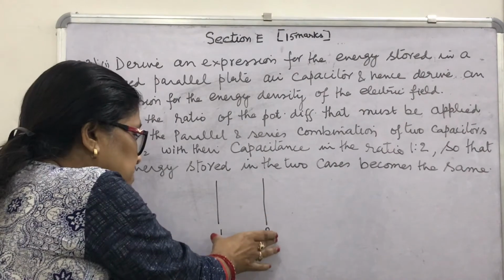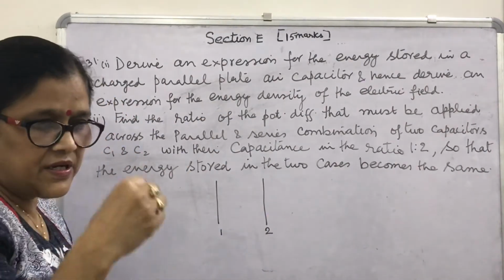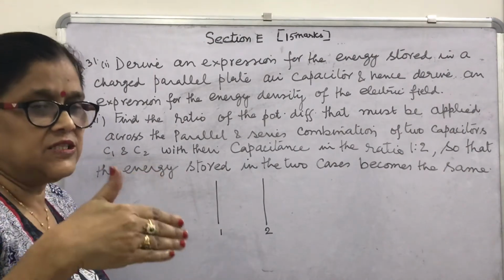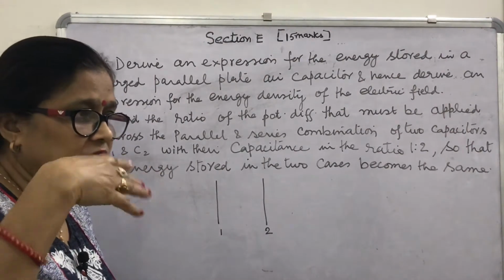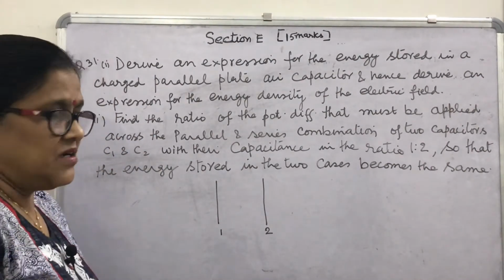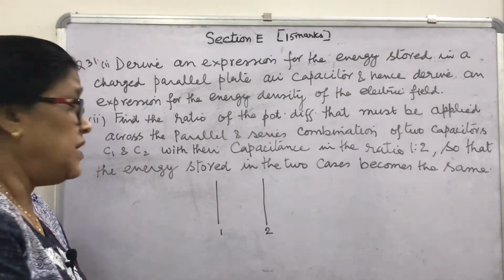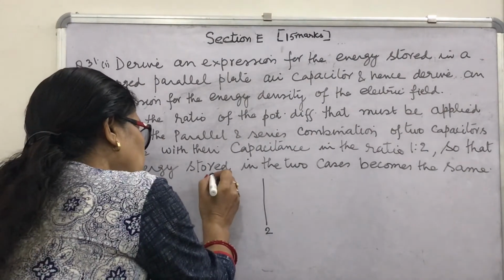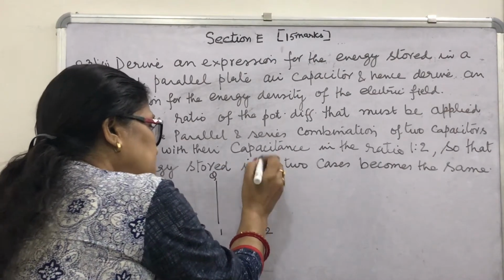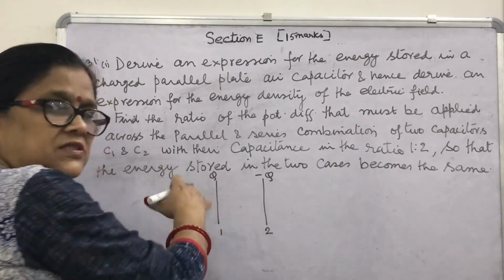If the charge transfer process is taking place bit by bit, it is supposed that it happens in such a way that at the end the first conductor has charge plus Q and the second one minus Q, due to charge conservation. Both were neutral, so the total charge is still 0.